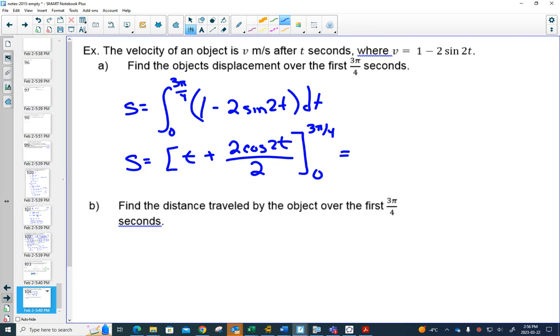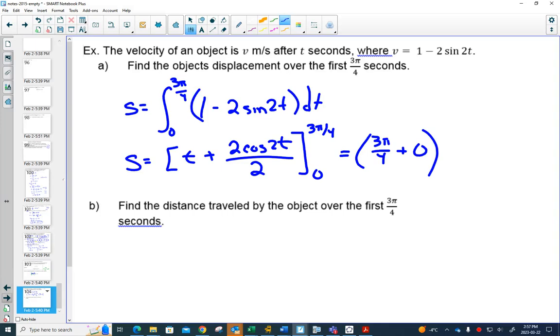So remember, for definite integrals, you plug in the top number first, 3 pi over 4, plus, and if you plug in 3 pi over 4, you will get cos of 3 pi over 2. Is that on your pi plate? Yes. That's a value you've memorized. 3 pi over 2 is here at the bottom. Cos is which coordinate? The x coordinate. What's the x coordinate down here? All of that thinking just to get nothing out of it.